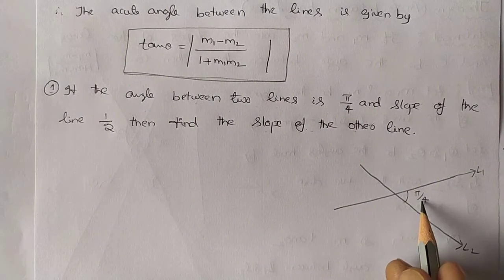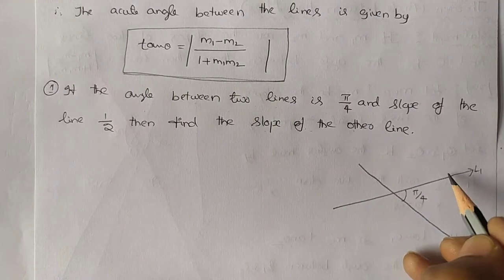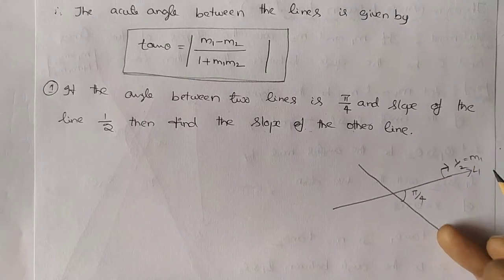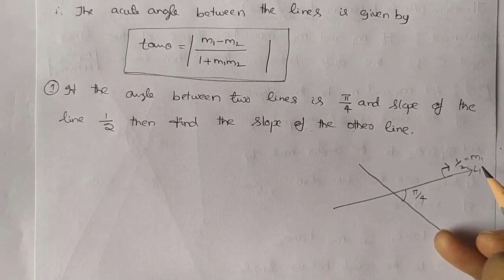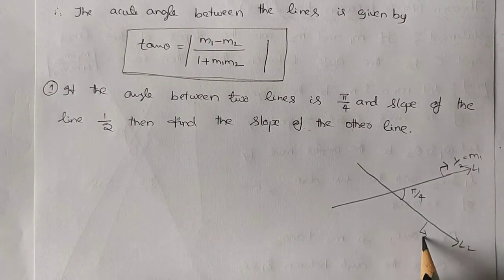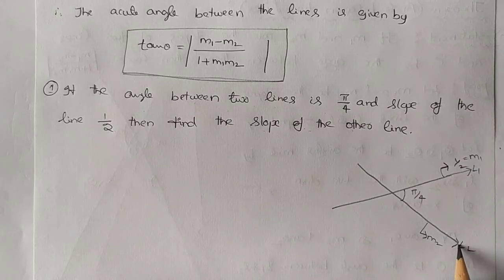The slope of the line is 1 by 2, so m1 is given. We need to find the second line's slope.